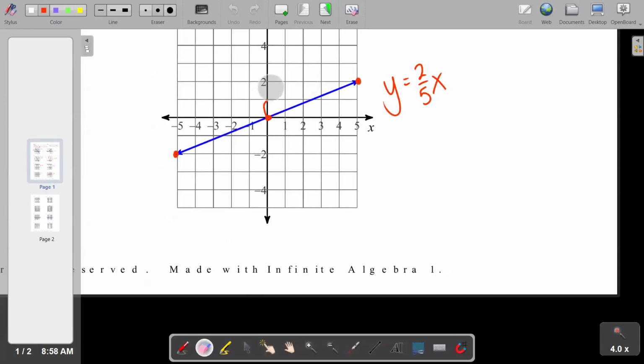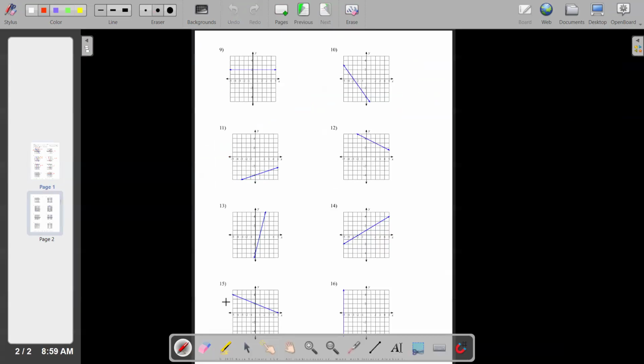So let's say that you had overlooked the lattice point in the center and you had picked these two super distant cousin points, then you would go up 1, 2, 3, 4, and over 1, 2, 3, 4, 5, 6, 7, 8, 9, 10. So your slope would be 4/10, which if you reduce it, would still be 2/5. If you ever have to reduce, it just means you picked points that weren't neighbors. You skipped a middleman there somewhere.